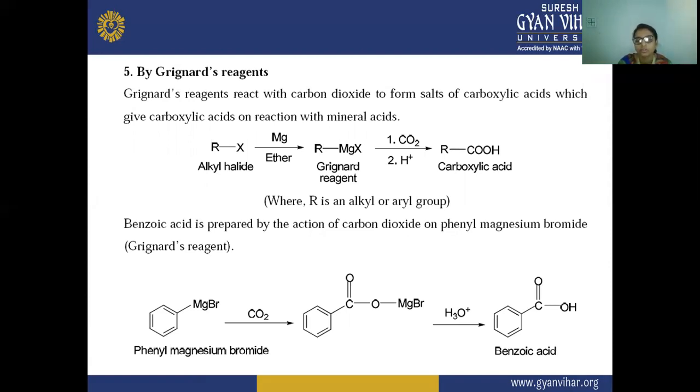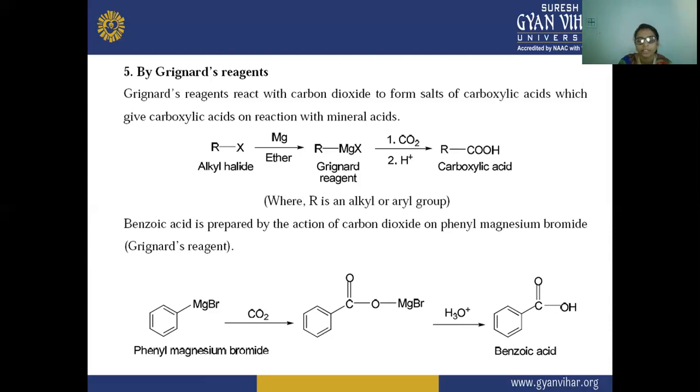After that, in the presence of carbon dioxide and acid, there is a formation of carboxylic acid. Here R means your alkyl or aryl group. Benzoic acid, this aromatic compound, is prepared by the action of carbon dioxide on phenyl magnesium bromide. So this is your Grignard reagent.